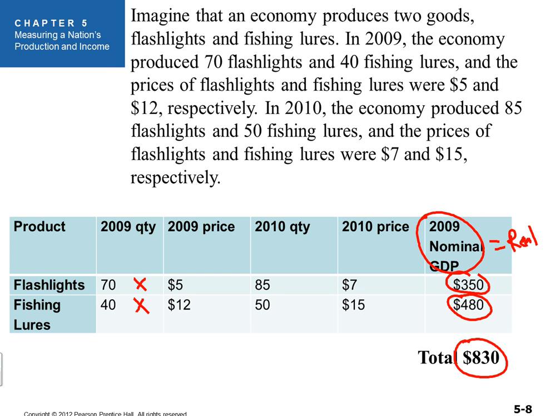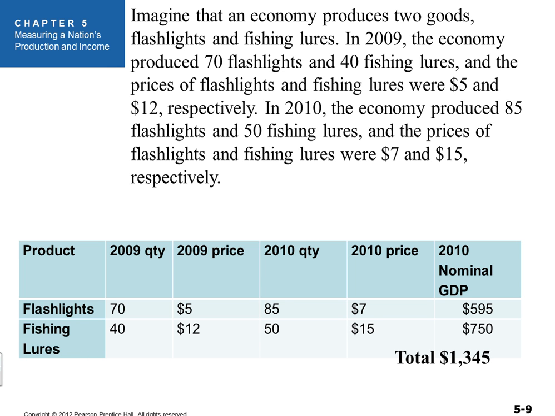Okay. So now, if we go on to the next slide, let's look at 2010. In 2010, our nominal GDP could be calculated by taking the 85, which is the quantity of flashlights produced in 2010, times the price of flashlights in 2010. And notice the price increased from $5 to $7 from 2009 to 2010.